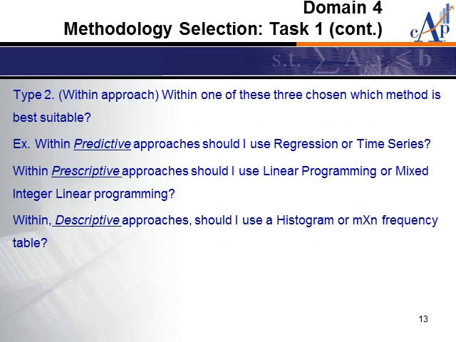Or maybe they're introducing a new product and there are no other examples out there. Maybe I cannot do a time series, but I can do a regression, which is a causal, cross-sectional model, where I look at why people buy a new product or a new toothpaste, for example. So that's where you're analyzing within those three classes, and thinking, within this class, what's the best approach for my client?